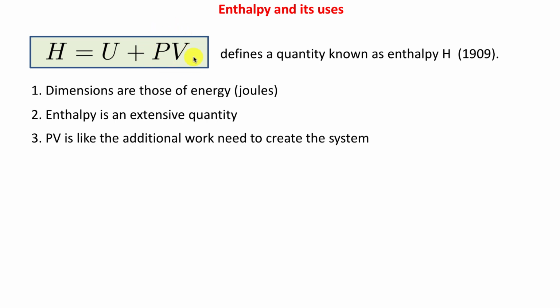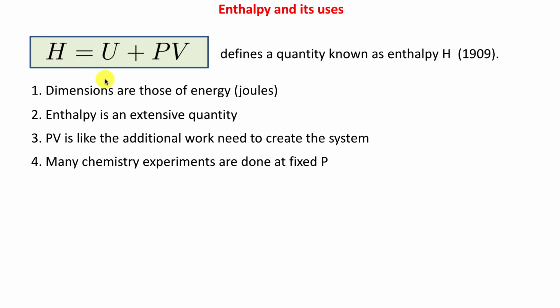How should one think about PV? Well, you remember that when you do work against an external force and you change the volume by a small amount, dV, then the work done is P into dV. And so PV is like the external work that was needed to create the system.